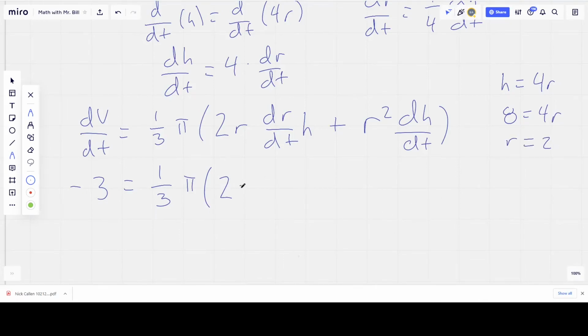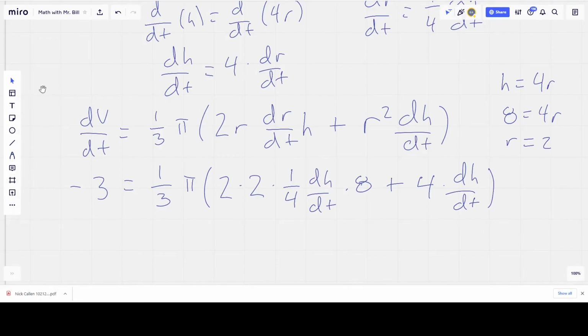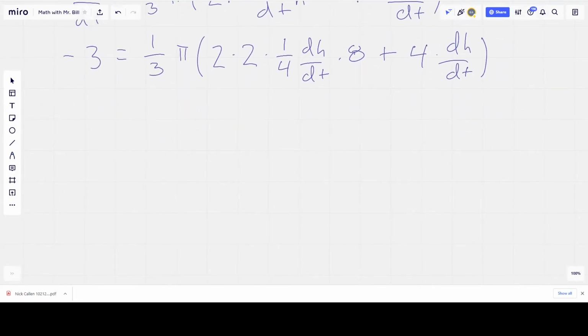So we have 2 times 2 times dr dt. And so we found out that dr dt was actually 1/4 dh dt times the height, which was given to us as 8, plus r squared, which is 4, times dh dt. So now if you look at this problem, we only have one variable. It's just dh dt. And now we can solve it for dh dt and we'll get our answer.